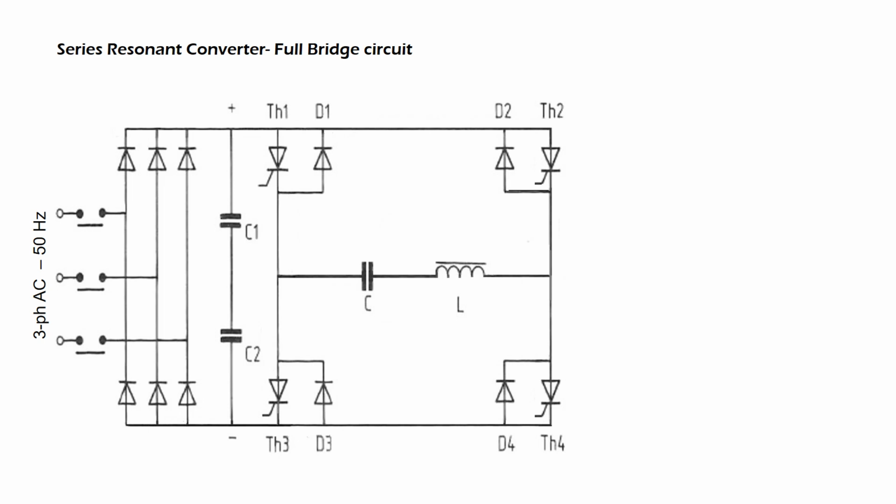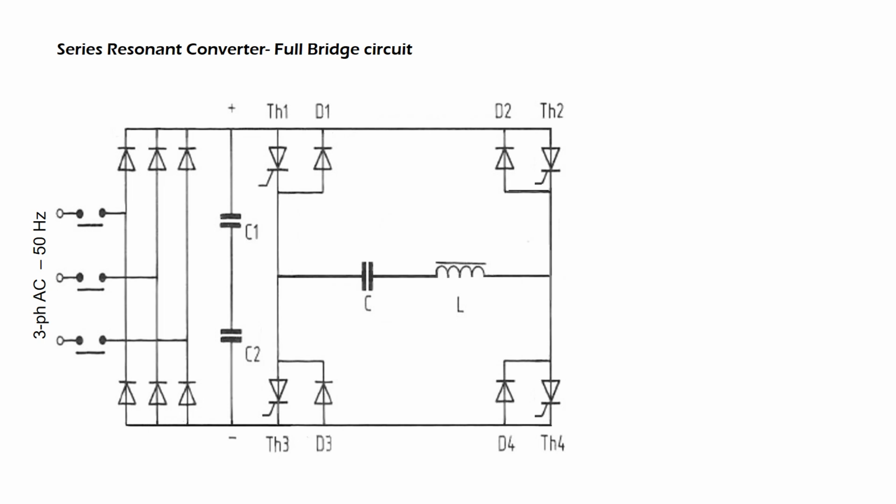Summarizing the sequence, we can say that for the time during which TH1 and TH4 were conductive, the series resonant circuit was connected to the capacitor with plus and the inductor with minus. Now, after TH2 and TH3 have become conductive, the capacitor is connected to minus and the inductor to plus.